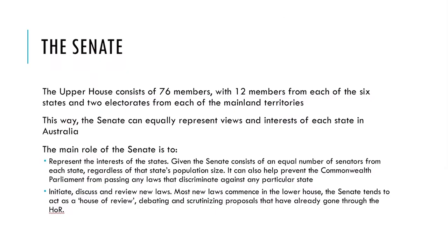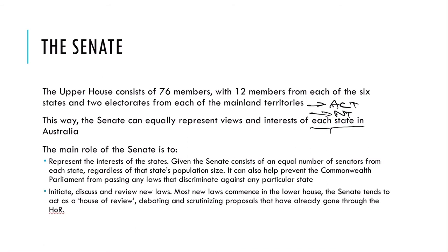So the Senate is known as the Upper House, and it consists of 76 members, with 12 members from each of the 6 states and 2 members from each of the mainland territories. That is the ACT and the Northern Territory. Each get 2 senators. This way, the Senate can equally represent the views and interests of each state in Australia.